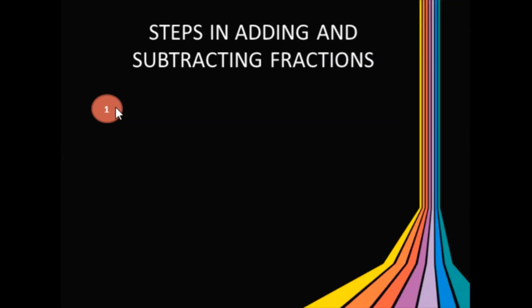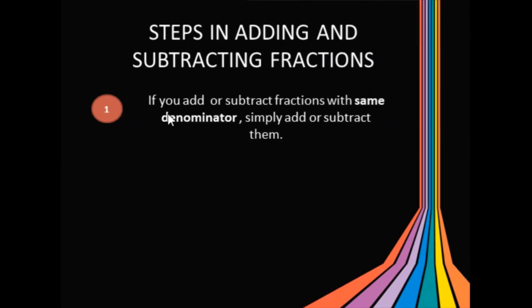Number 1. If you add or subtract fractions with the same denominator, simply add or subtract them. There is no problem if you subtract or add fractions with the same denominator. For example, you have 1/3 plus 2/3.